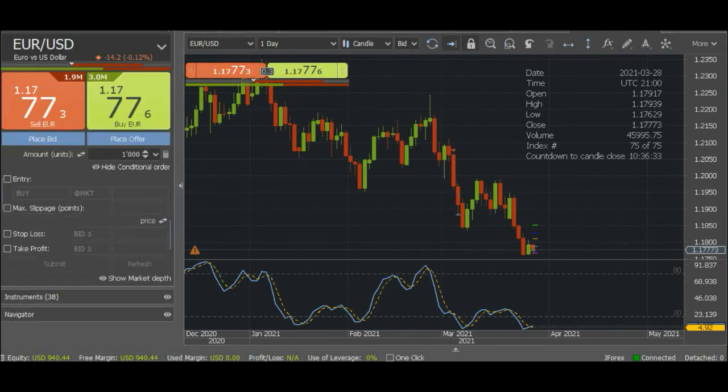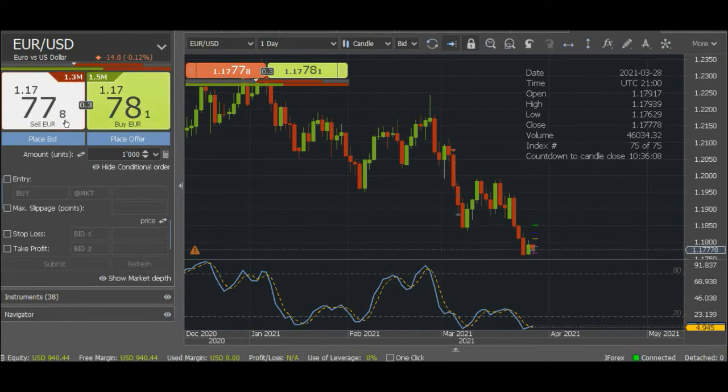If I go to the new order section, you can see it's a EUR/USD chart. In this EUR/USD pair, I told you about the bid and ask price. This is 1.17784, now 67, it's changing, the pipette is changing.